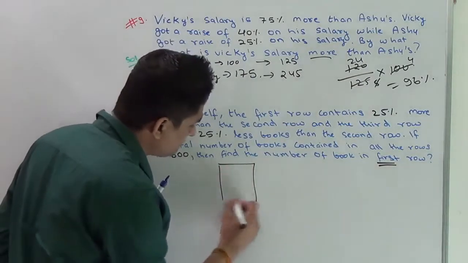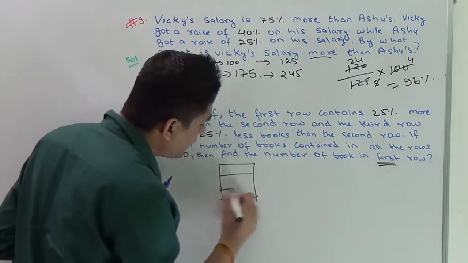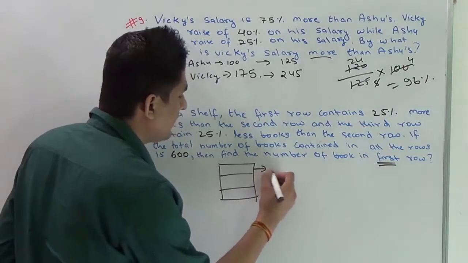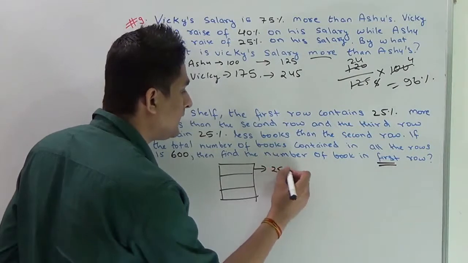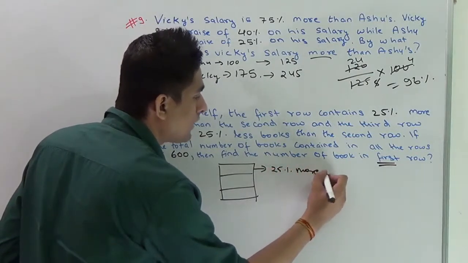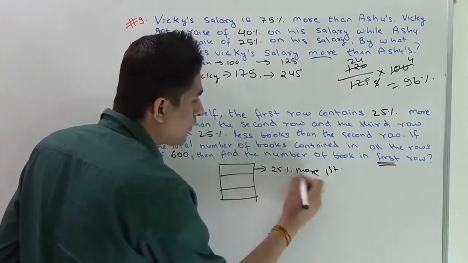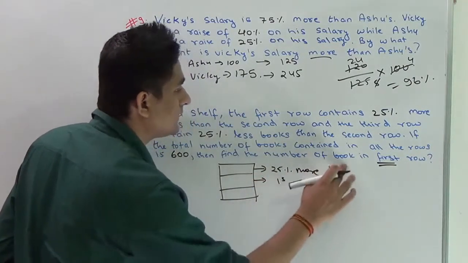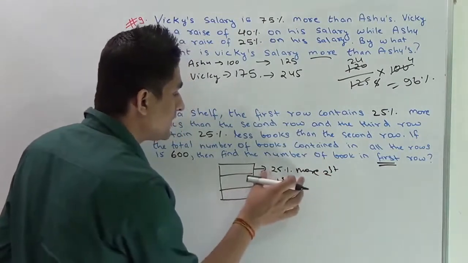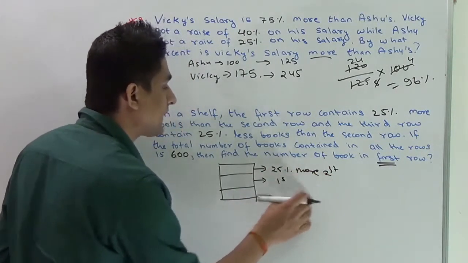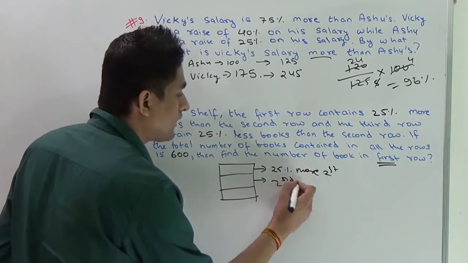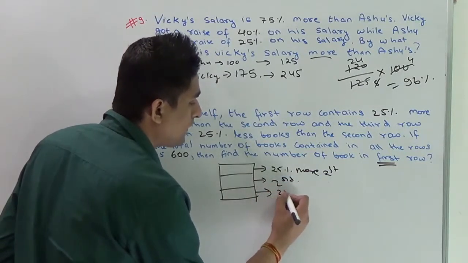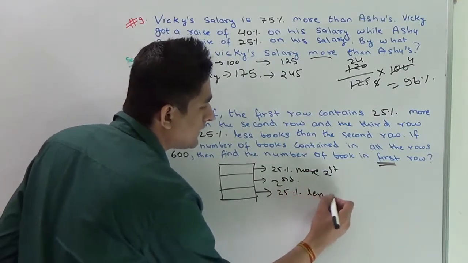In this question, there is a shelf and suppose there are 3 rows, 1, 2, 3. It is given that the first row has 25% more books than the second row, and in the third row the number of books is 25% less than the second row.